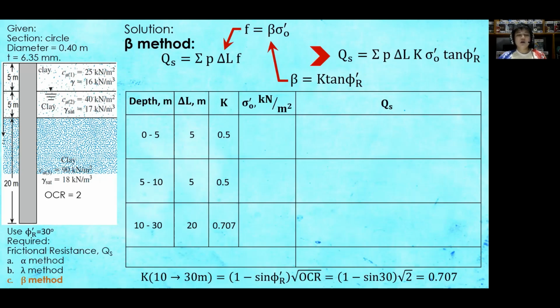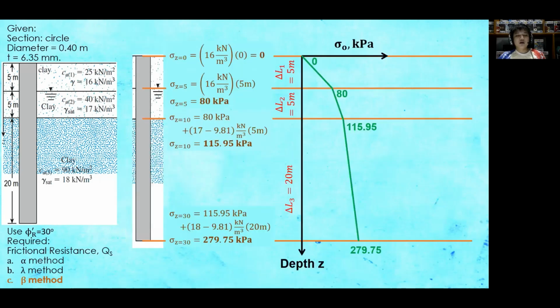So for the sigma O prime, now let us consider the pressure diagram, as per the pressure diagram from letter B, which is the lambda method. For this sigma O prime, take the average vertical effective stress or overburden pressure per predetermined segment. So the average sigma O prime of 0 to 80 is equal to 40 kilopascals.